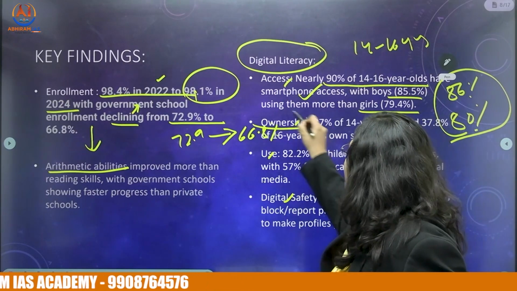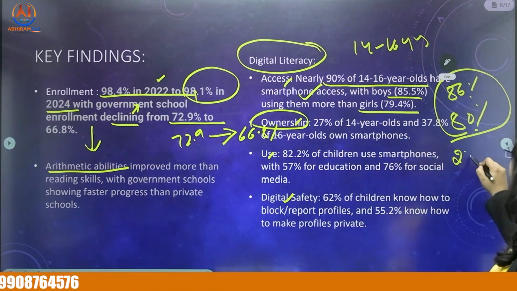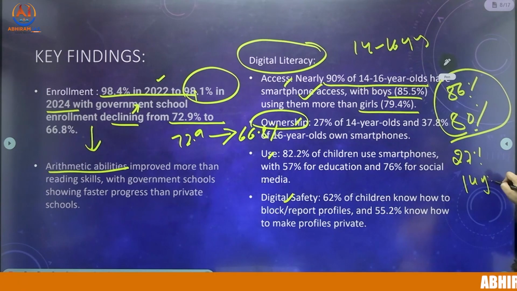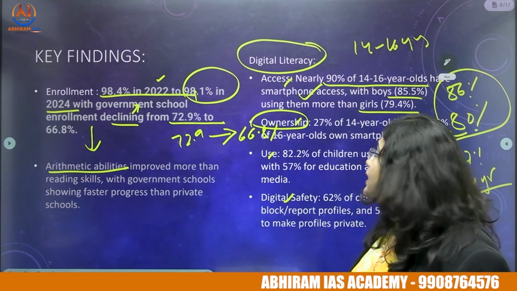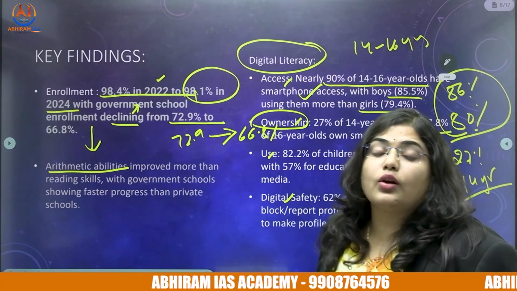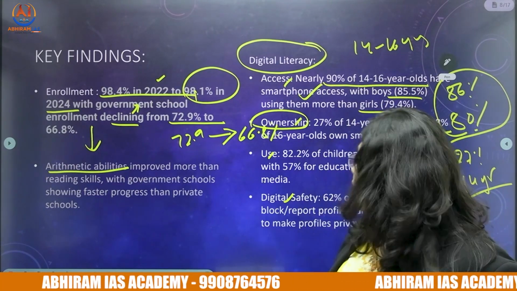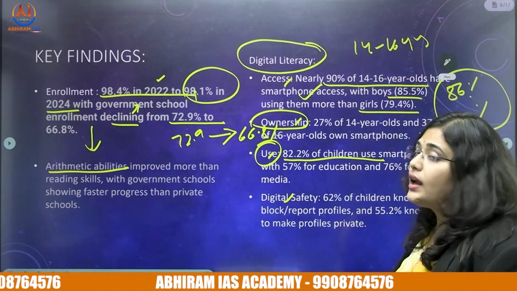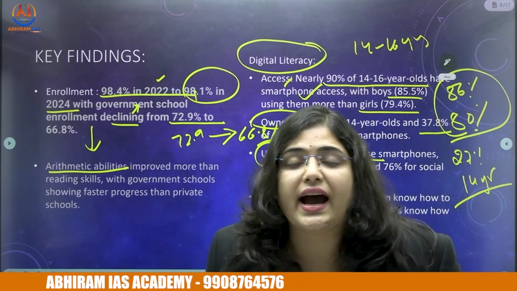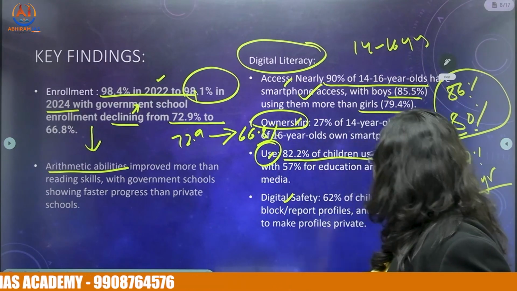Number 2 is the ownership. 27% of 14-year-olds and 37.8% of 16-year-olds have their own smartphones. Okay, next, usage. 82% of children are able to use and handle smartphones.